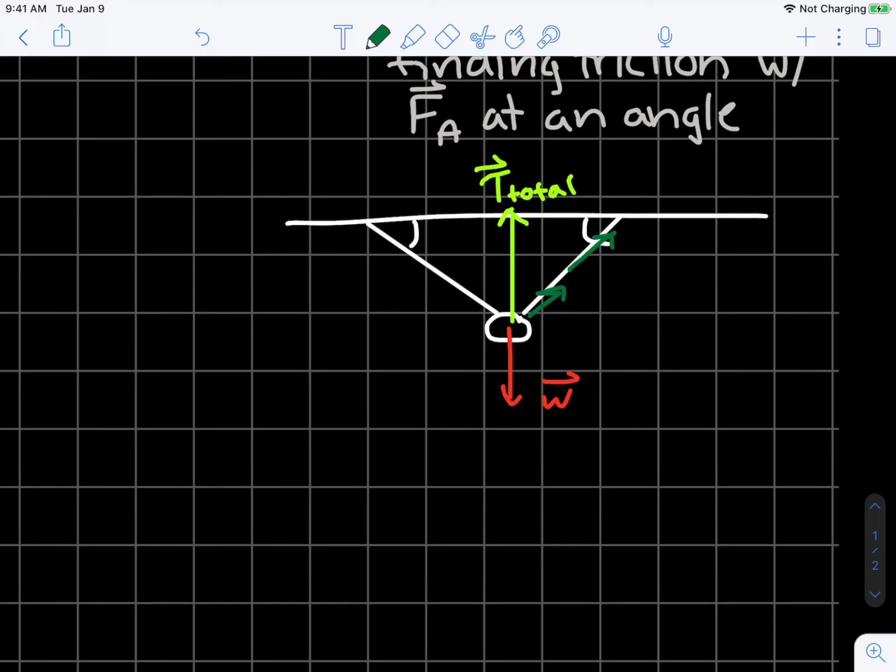And so we ended up with a triangle that looked something like this, where you had T1, T2, T total, and your angle. And so this was one of your angle problems where you had to use trig to solve.